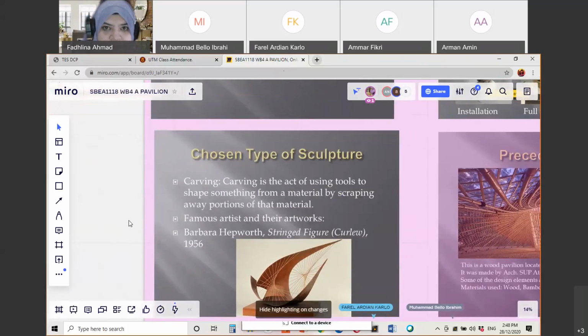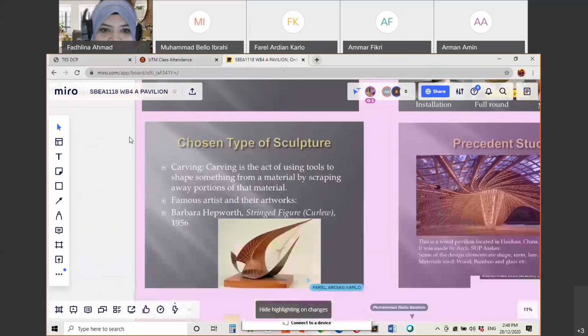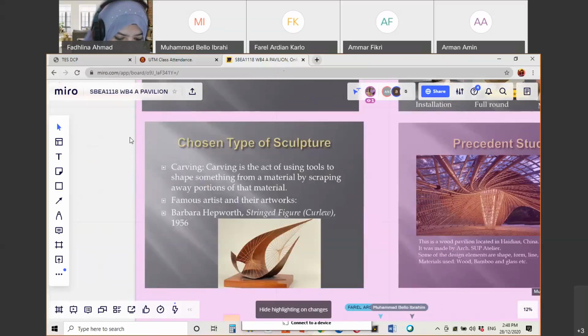Now, the famous artists and their artworks. This is an artwork done by Barbara Hepworth. It's a string figure made in 1956.